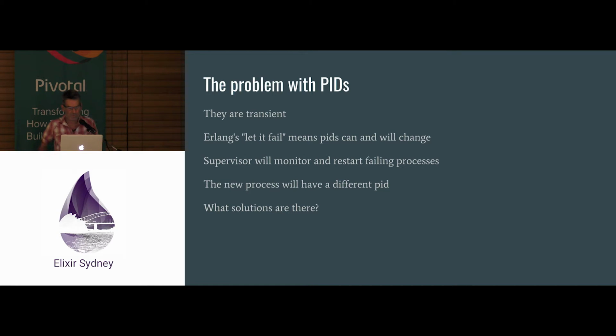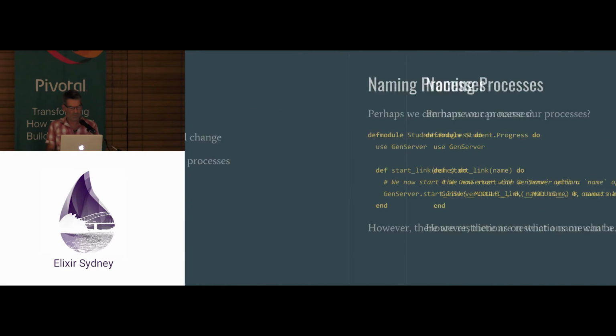So the new process will have a different PID. So you can't rely on PIDs always being the same for the same named GenServer. So there are solutions to this.